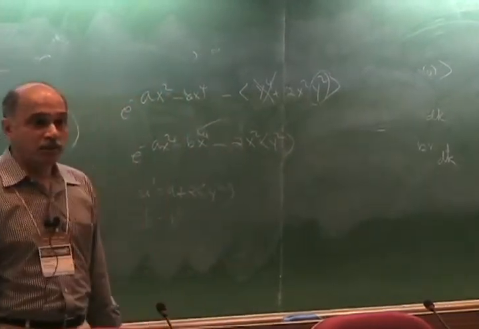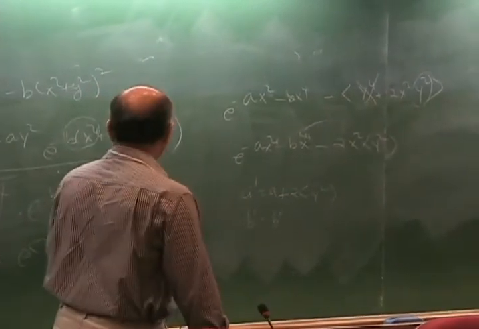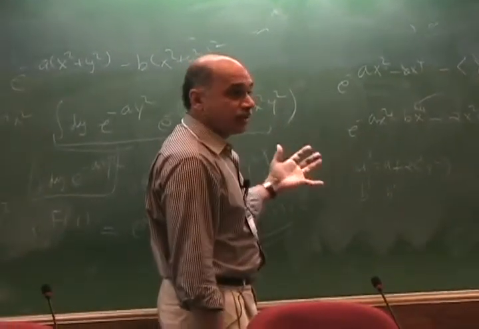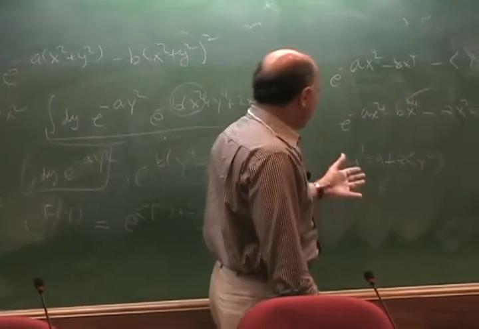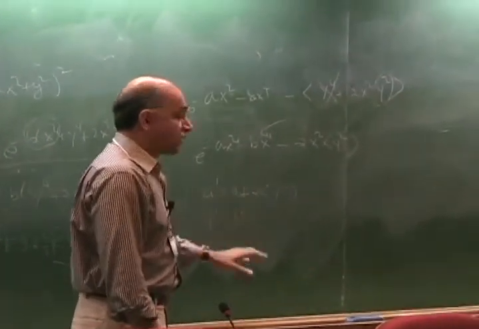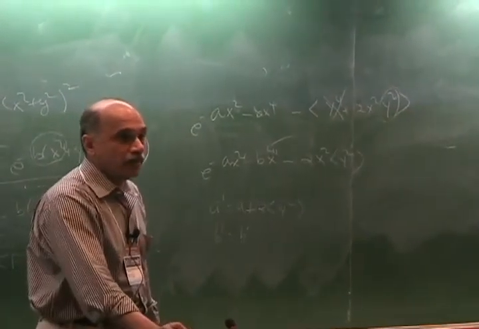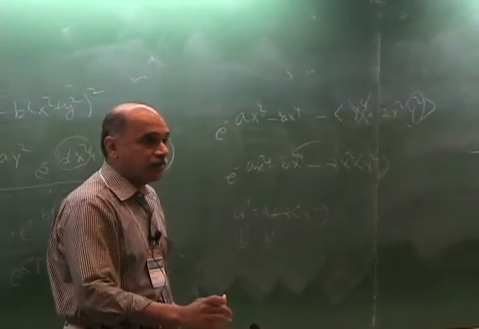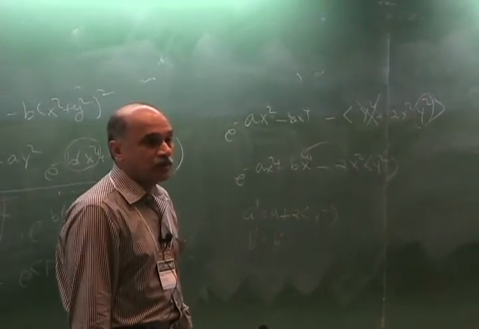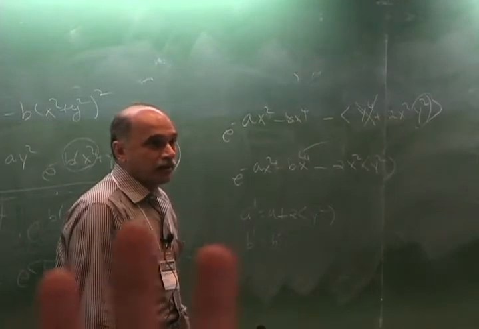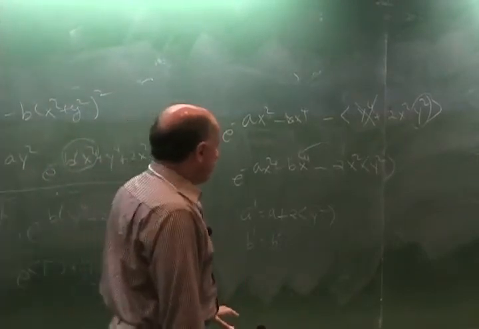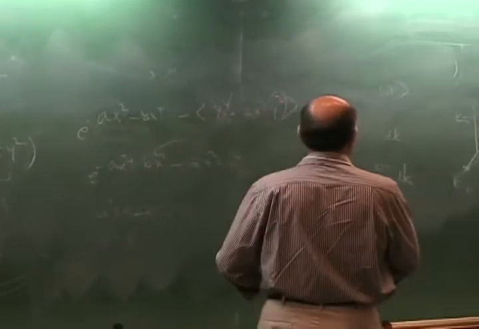Plus, there will be things you didn't bargain for because there are more and more terms here. There are x to the sixth and x to the eighth, and you should collect all of them. That will give you the renormalized coupling constants. And it's never going to be finished because it's a perturbation series, and you stop when you want to stop. But the rule for doing them, this is something I don't want to go into detail.